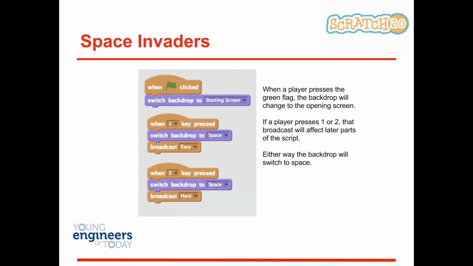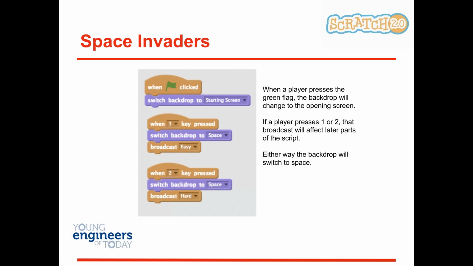Then when you press key 1, this will allow the backdrop to switch to space, but it's going to broadcast the easy code that we're going to be working on. And the same process for hitting the 2 button. This will allow for the hard screen to be activated.